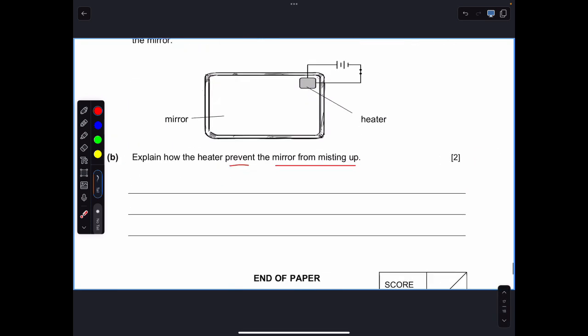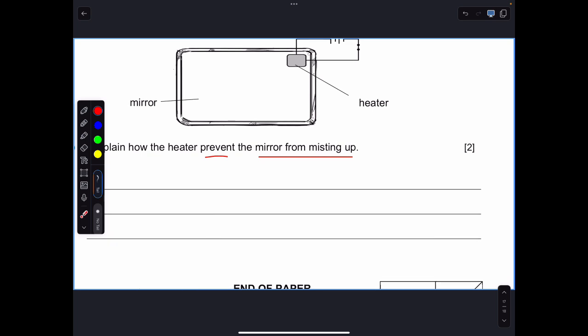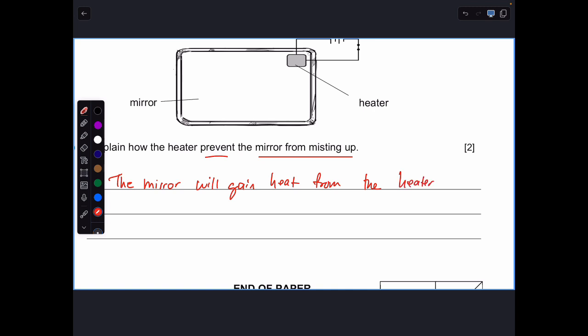So cause and effect. Basically, you would say that the mirror will gain heat from the heater. So when it becomes, again, cause and effect, and becomes what? Becomes warmer, or its temperature will increase.